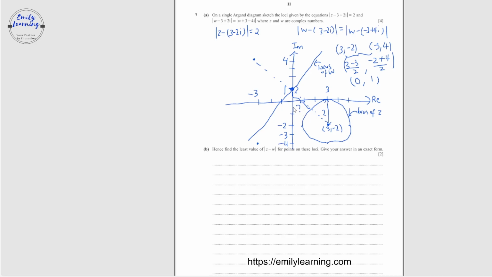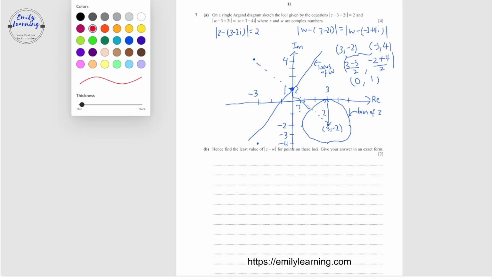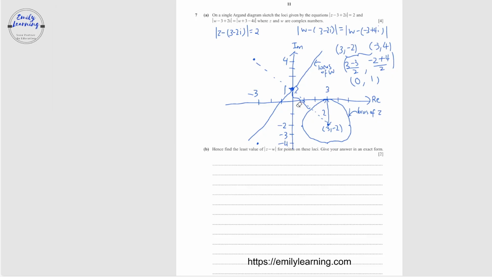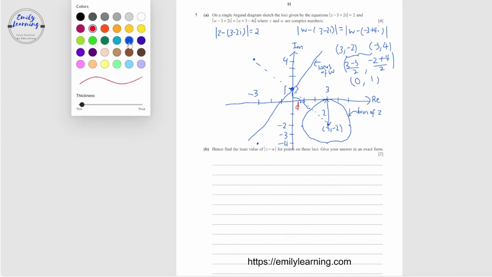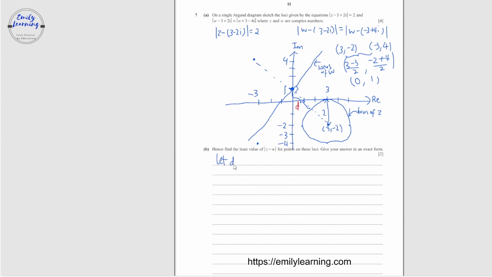Okay, so let me mark this distance as D. Let D be the shortest, the least value of modulus Z minus W. So how do I find distance D?